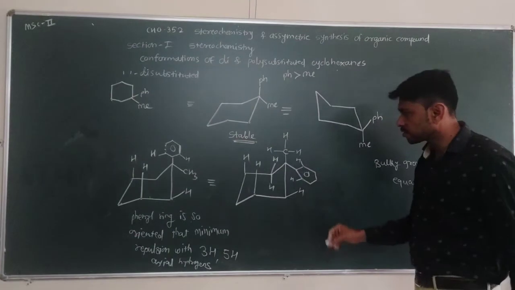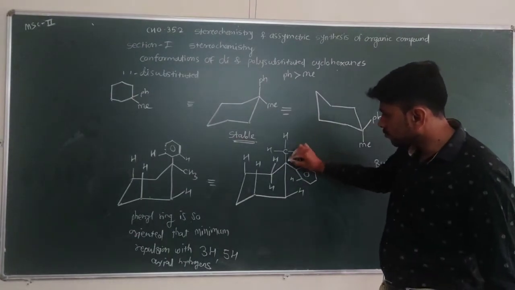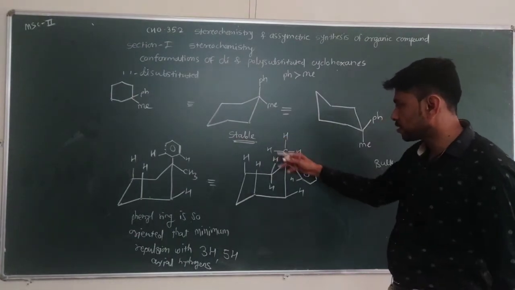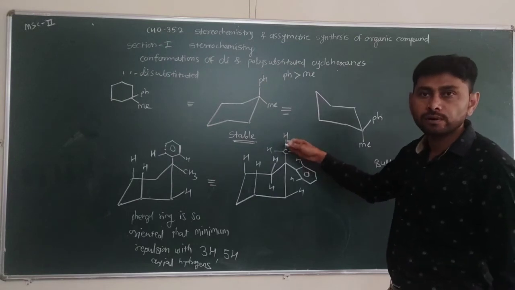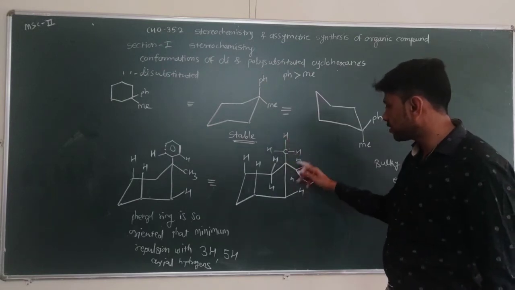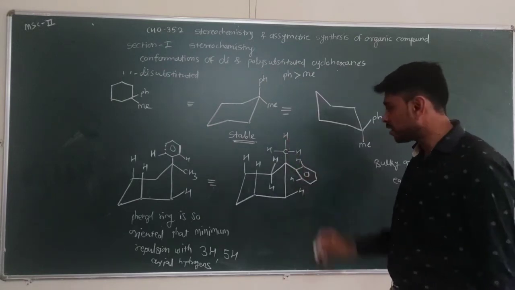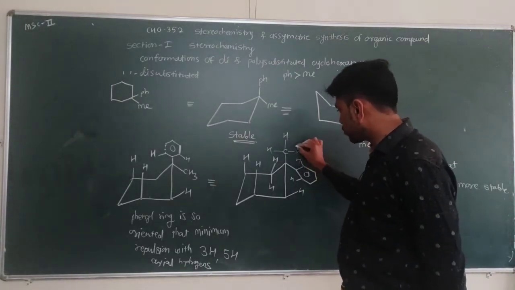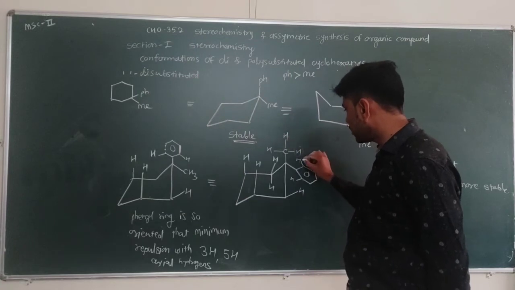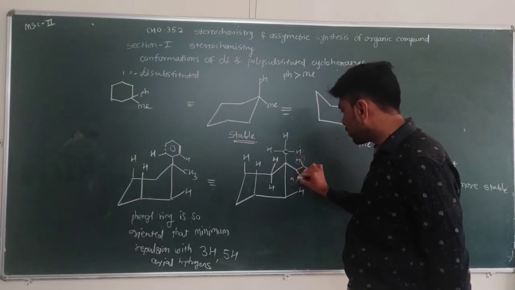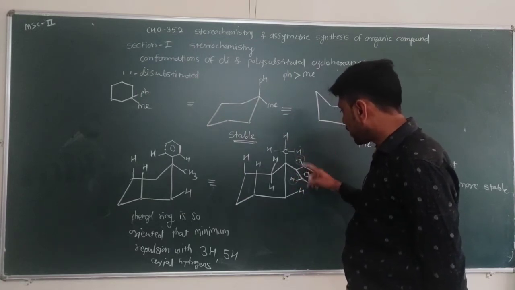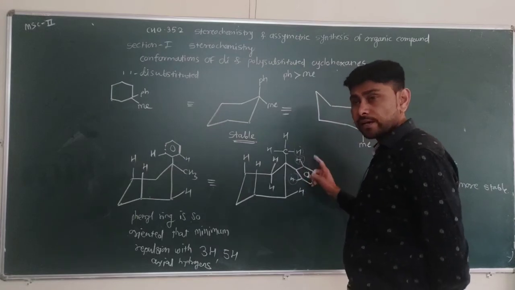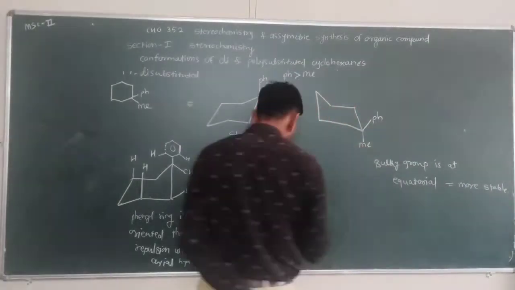Let's see the other structure, where we change the groups: the CH3 group is kept in an axial position and the bulkiest group is kept in an equatorial position. But in this case, the hydrogens of the CH3 and the hydrogens of the phenyl ring have strong interaction.